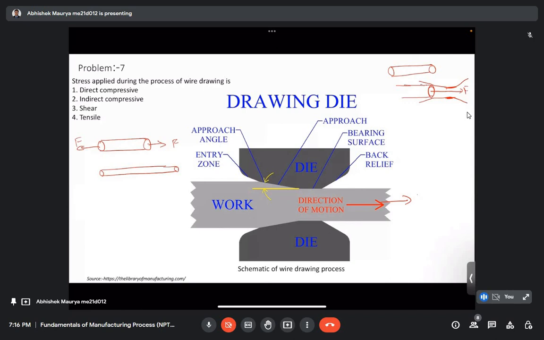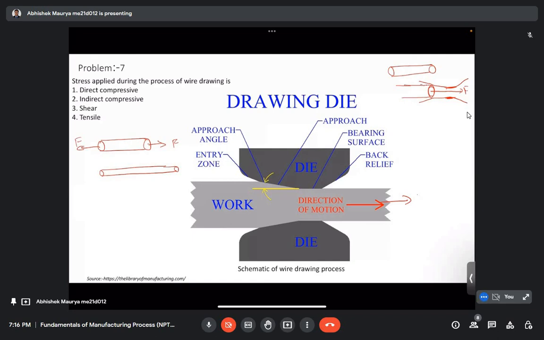Because of this compressive force, the material's cross-sectional area gets reduced, or its diameter gets reduced. The final deformation, the reduction in diameter, is happening because of the compressive force which has been applied by the die.